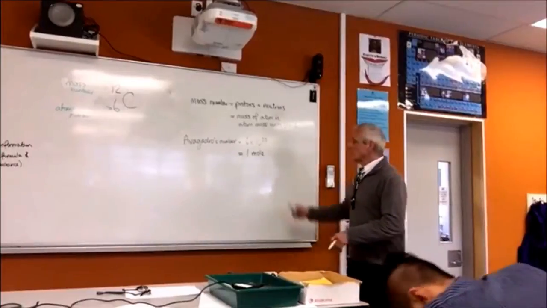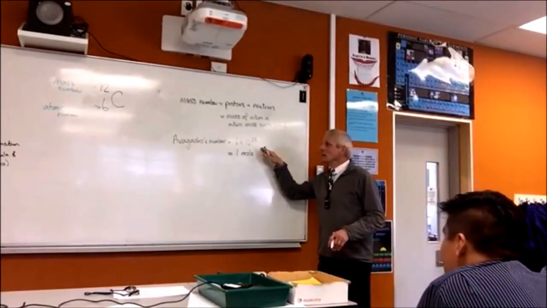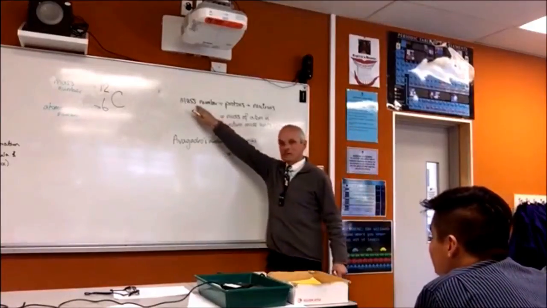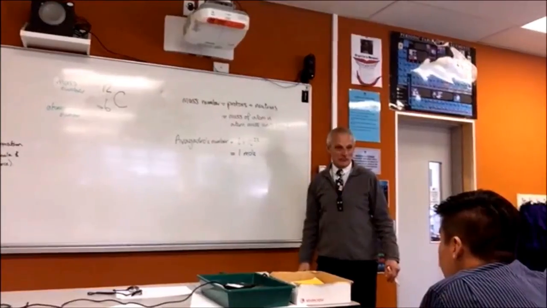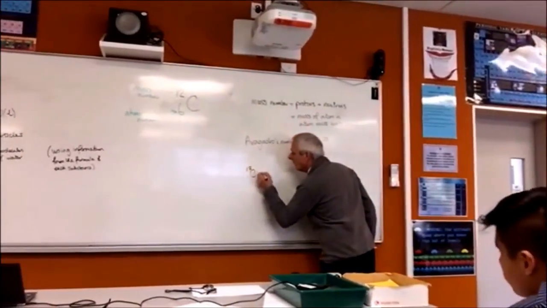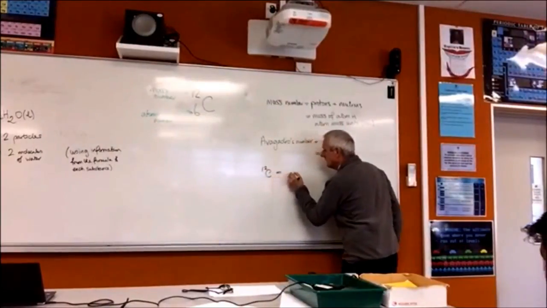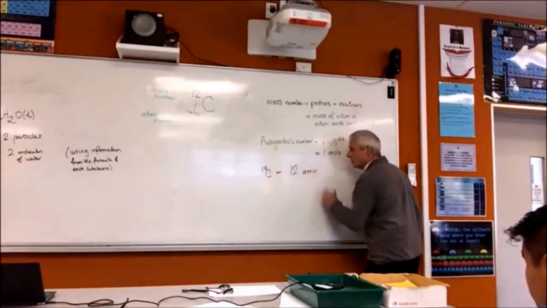Now, the reason we take this bizarre number is it takes the mass number in AMUs and converts it to a mass number in grams. So, C12 is equal to 12 AMU.